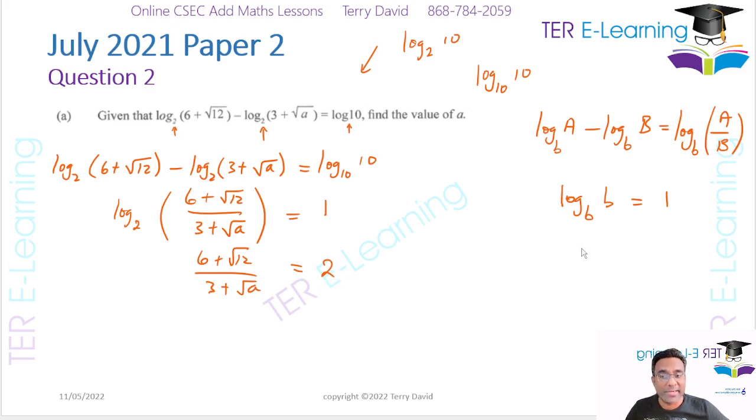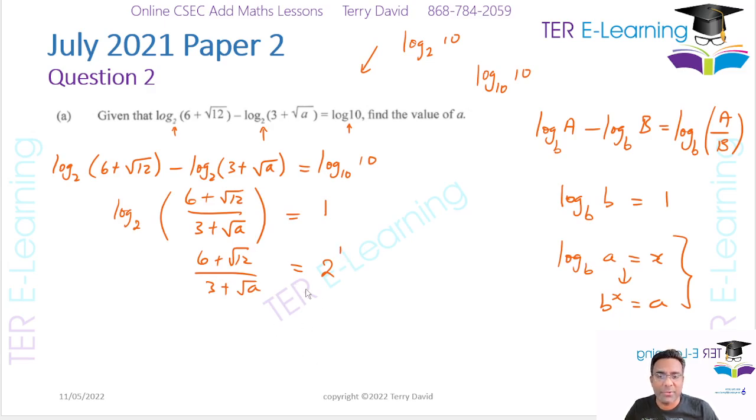So what rule am I making use of here? Log to base b of a is equal to x is equivalent to b to the power x is equal to a. So this is what I'm making use of here. So I can say 2 to the power 1 is equal to this whole expression here.